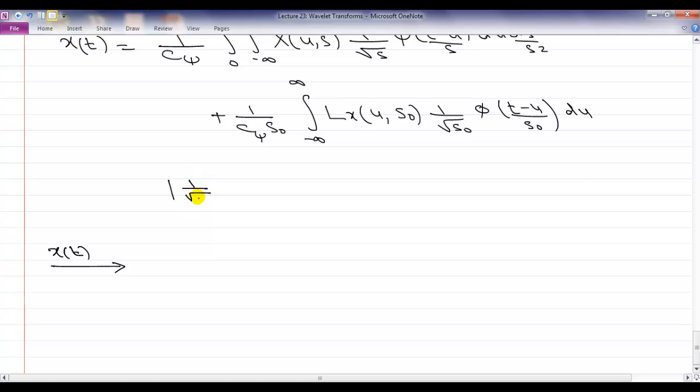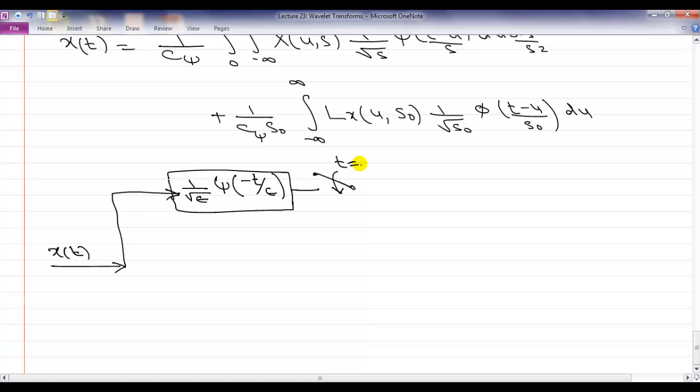Let's say you have some number epsilon which is very small, and you do psi of minus t over epsilon. So you have this filter, and then you sample it at t equal to u, and you get x of u, epsilon. So for different values of u, you are looking at really high frequencies, and you keep on increasing the scale till you come very close to s naught.